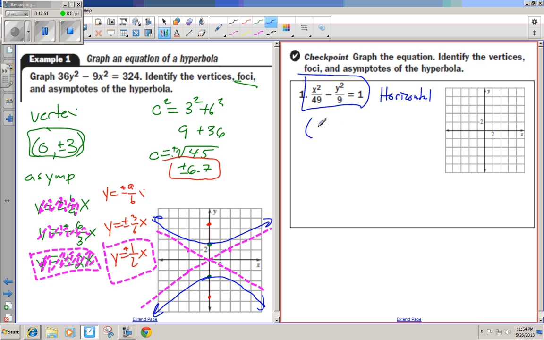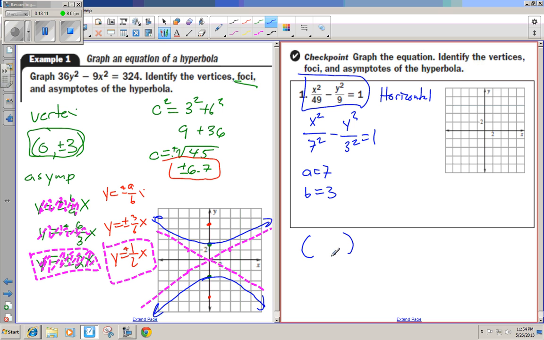Therefore, the vertices, right, I'm not going to skip any steps here. Let's rewrite this in standard form. This should be x squared over 7 squared minus y squared over 3 squared equals 1. That means that a is 7, b is 3.